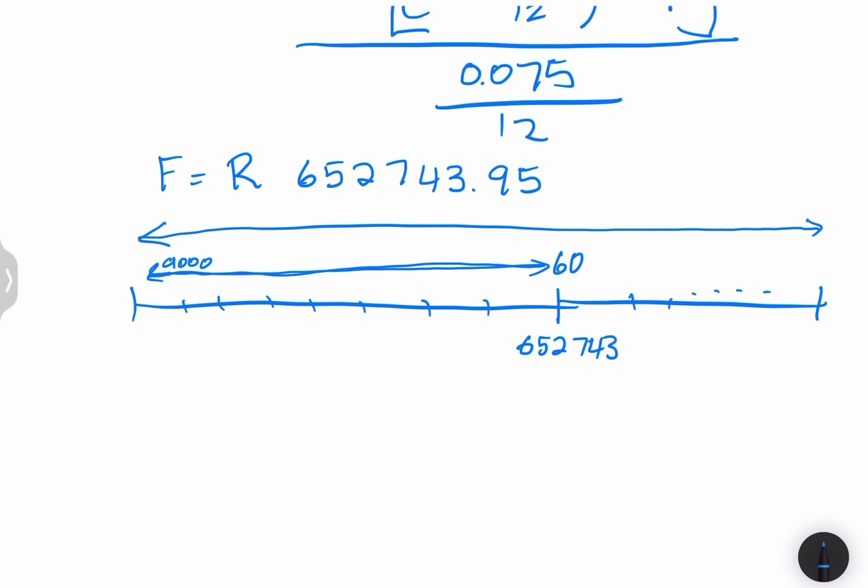So over the 60 months, you've got the value of the deposits, which would have earned interest, that accumulates to this amount. So we're going to take that amount, and then I want you to really think about it.